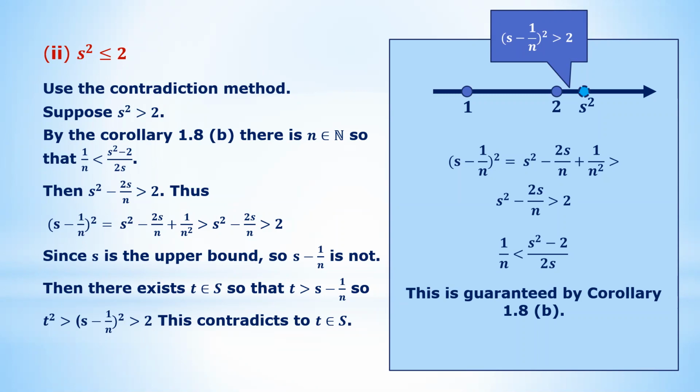Now this time, t squared is greater than 2, so this means that t cannot be in S. Therefore, this contradicts the fact that t belongs to S. So that's a contradiction in this case, case number 2. This contradiction actually finished the proof of part 2. So combining part 1 and part 2, this will tell us that s squared has to be equal to 2. Okay, so that's the proof of the entire theorem.